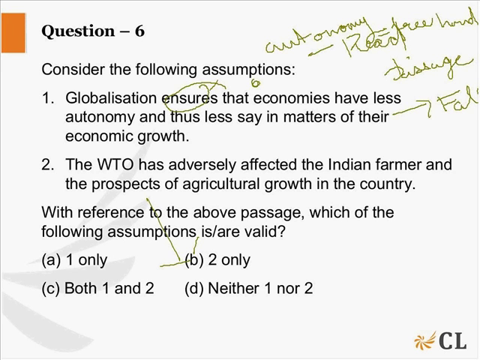Please understand that. You cannot assume based on the comments by the UPA government. And here the catch is not about less autonomy and less control, it's about ensures. When I say Ram ensures that Sham goes to school, that means he makes sure. Whereas the passage is not saying that globalization ensures that there would be less autonomy.